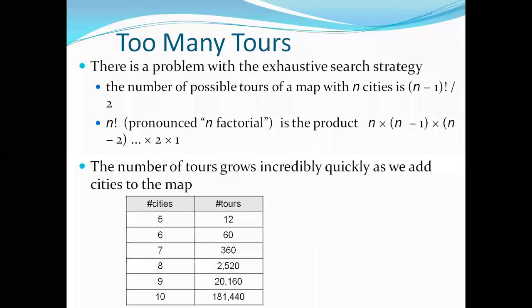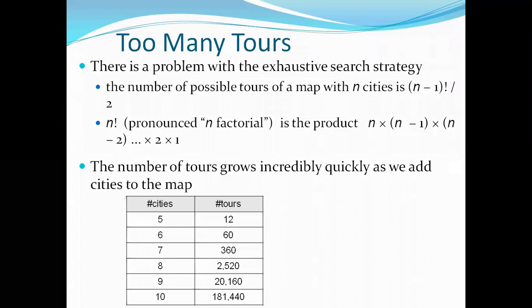Application of this exhaustive search strategy, as previously discussed: the possible tours of a map with n number of cities is (n minus 1) factorial by 2. This is pronounced as n factorial, and (n minus 1) factorial by 2.